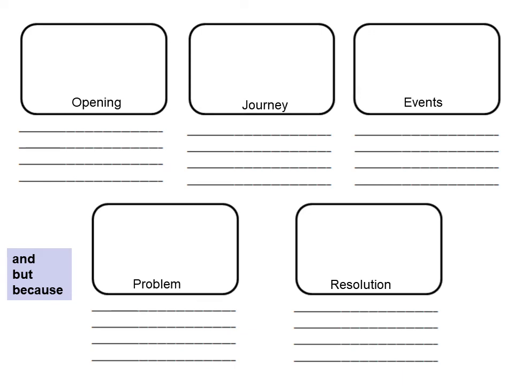Okay then, so you can almost make a comic strip like this, a storyboard of the events of the story. So you can sequence those pictures I have given you into the opening, the journey, the events, the problem, and then finally the resolution, okay? So, in your books, you can complete this.